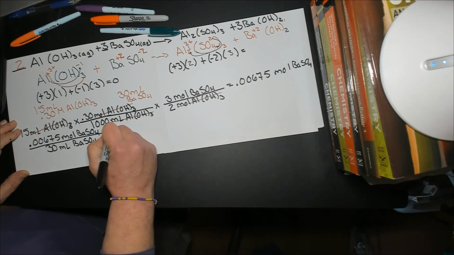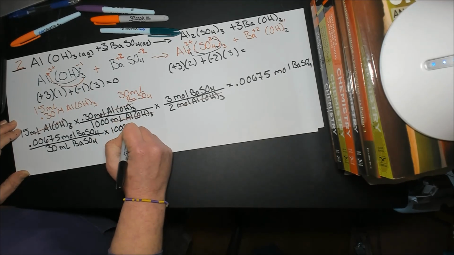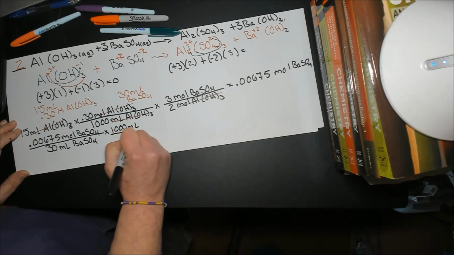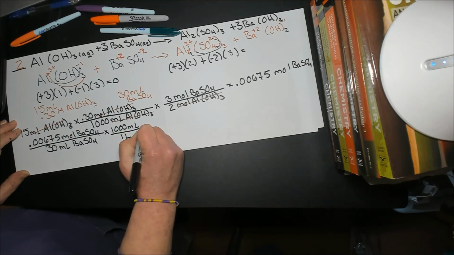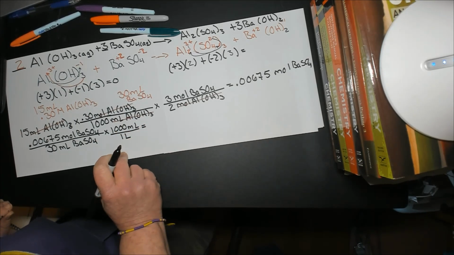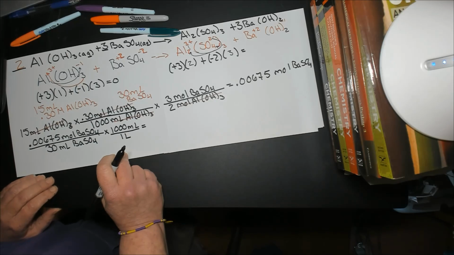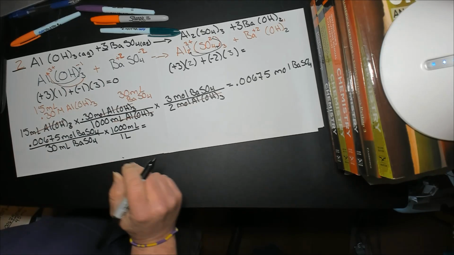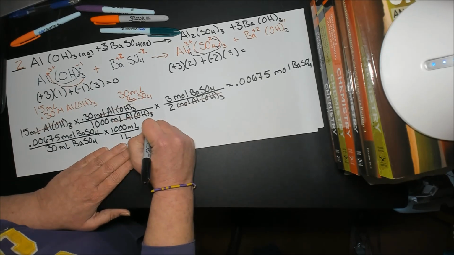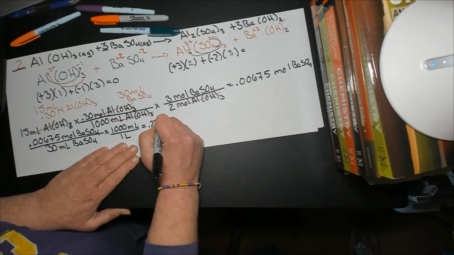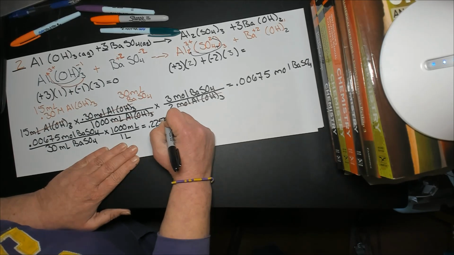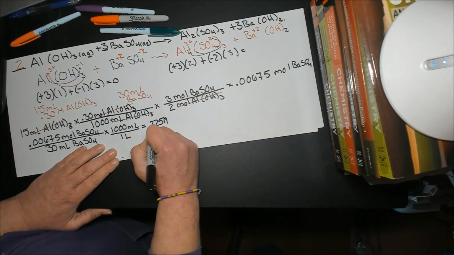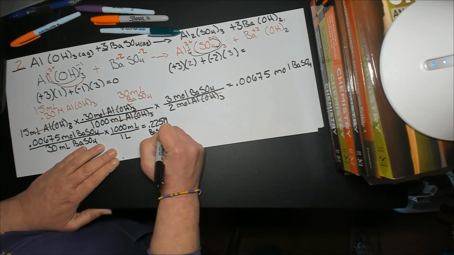That's going to be 1,000 milliliters on the top per 1 liter of solution. And I put that in, and I got 0.225 molar of BaSO4.